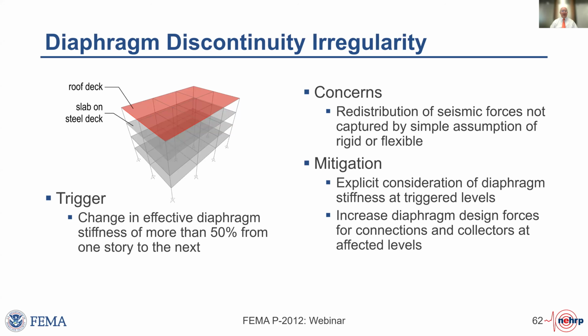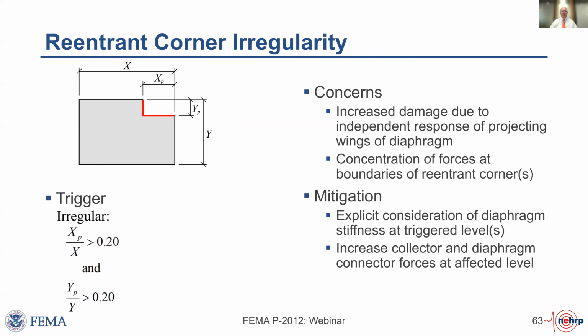And then we've got, if we change the stiffness of the system, say a very flexible system over a very stiff system, that could produce dynamic results that we would have missed. So we need to think about those explicitly. Similarly with the reentrant corner, if the behavior of this reentrant corner is all the action is in the diaphragm, we would miss that if we model the diaphragm rigidly.